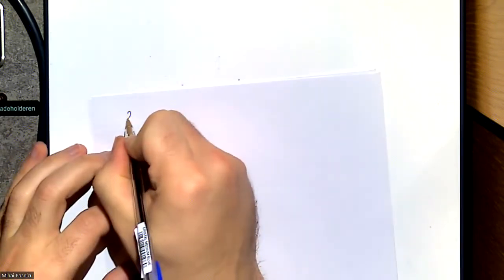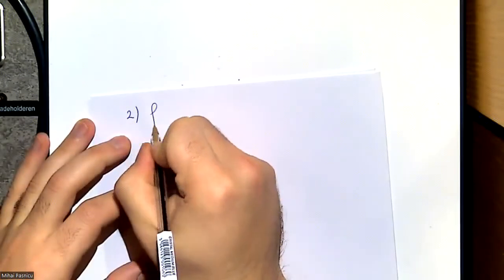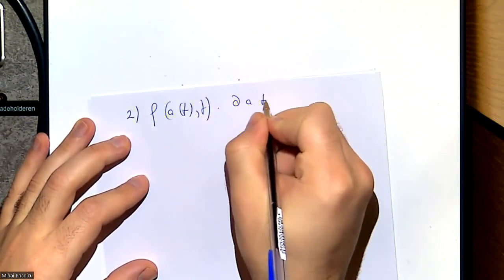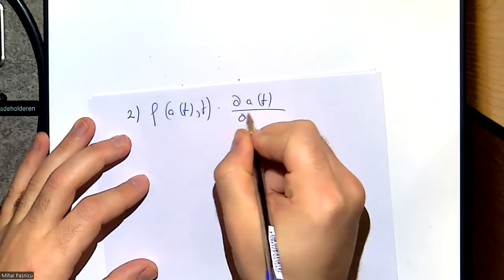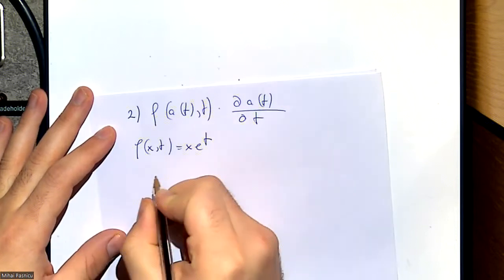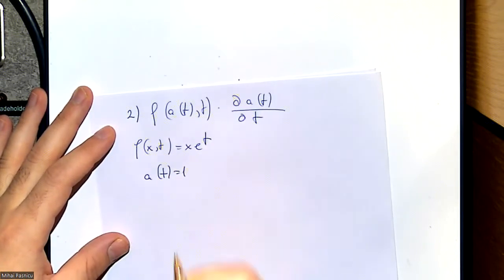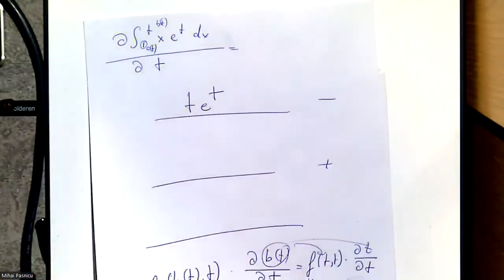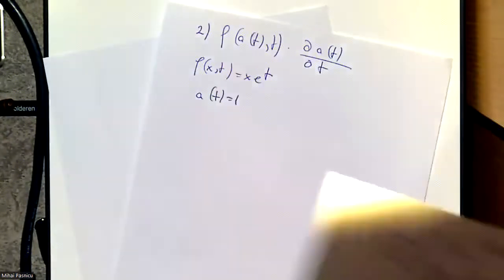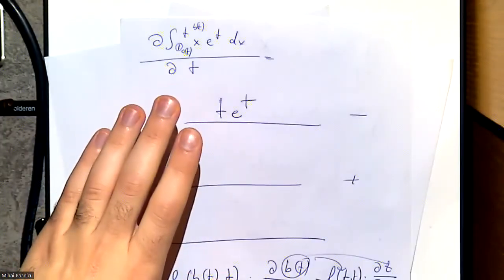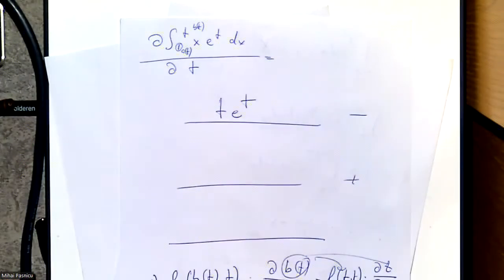I write the second term. Second term: f(a(t), t) times the derivative of a(t), the derivative of t. By the way, on an exam, if you are applying this Leibniz thing by any chance, I don't need to see all these 1, 2 thingies. You can just literally write the result here. There's no need for you to give me all these steps.